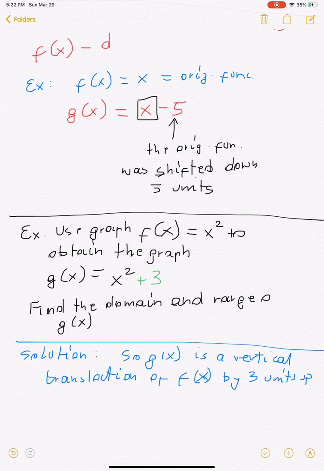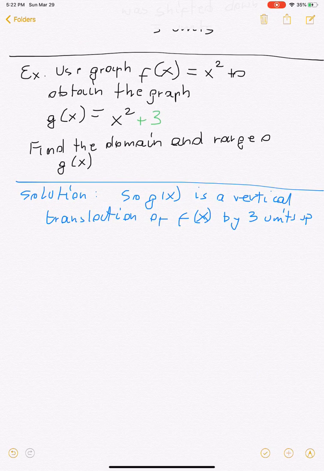So what I recommend is to grab the function x squared, find a couple of points, and then use the information that g of x is the same function but just pushed 3 units up. So the new x values will stay the same, but the y values will change by adding 3.